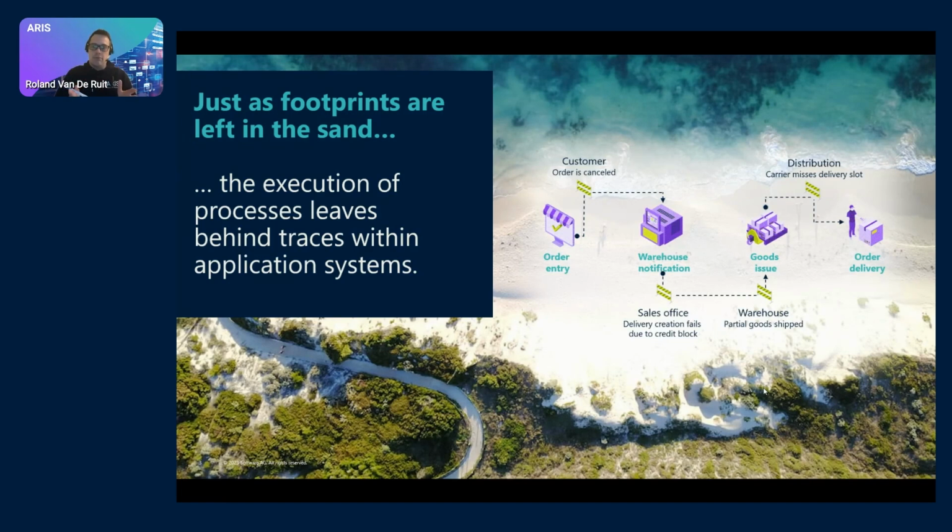So long story short, processes are executed, they leave data traces in systems. Process mining is about getting those traces out to discover the actual process behavior, and then on top of that you can build all types of interesting analytics and insights.